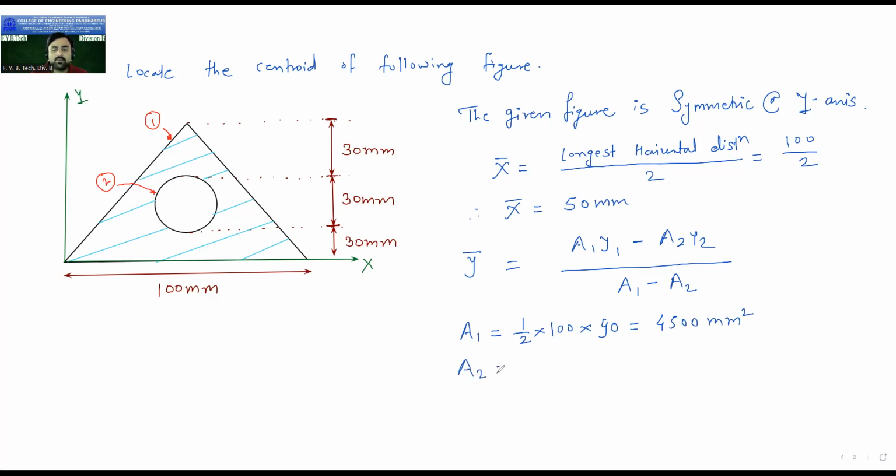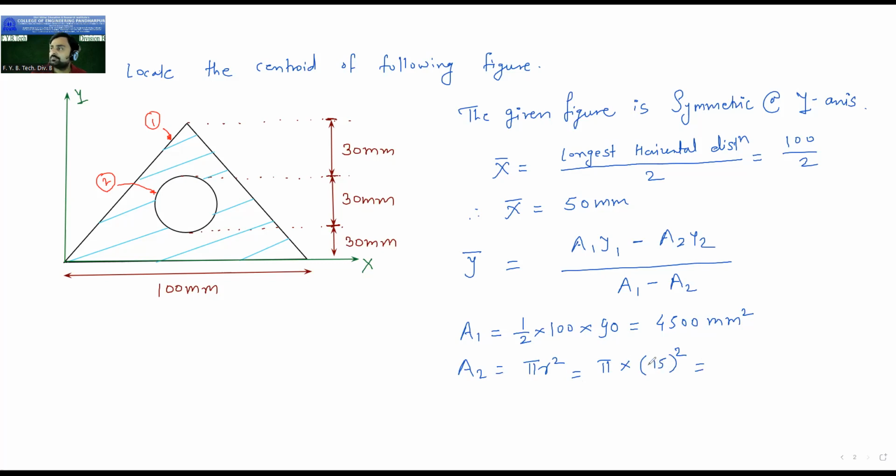Similarly, I will calculate the value of a2. A2 is my circle, so the area of the circle is pi r square, which is equal to pi into 15 square. 30 is the diameter, this out to out distance. So the diameter is 30, the radius is 15.